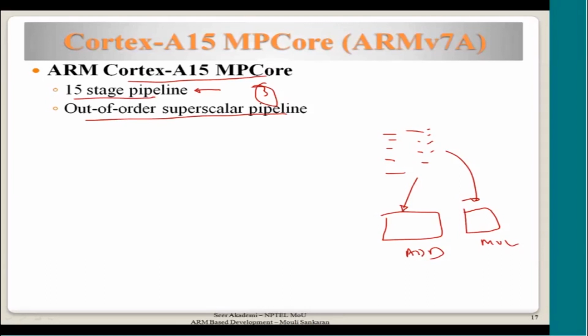In the typical 7TDMI, all the instructions go in the same order in which they have been written. Whereas in superscalar, though as a programmer you have written it this way, maybe this instruction can get executed before this one completes, because maybe this will be a multiply instruction and this could be just an add or move instruction.